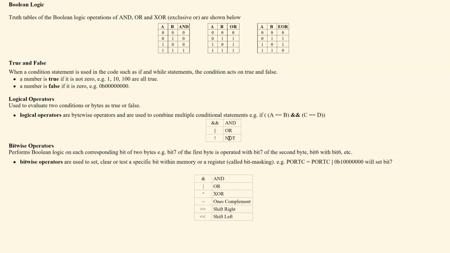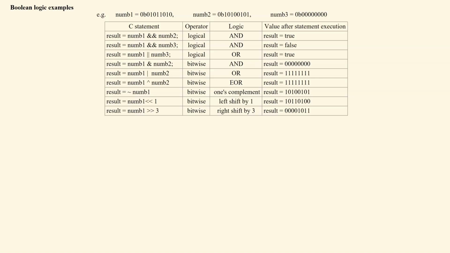The bitwise operators are AND, OR, exclusive OR, one's complement, shift right, and shift left. Some examples of Boolean logic are shown here. We show the initial variables num1, num2, num3, and we can go through and look at the logical operations, which give a result of true or false, and the bitwise operations, which give binary results.